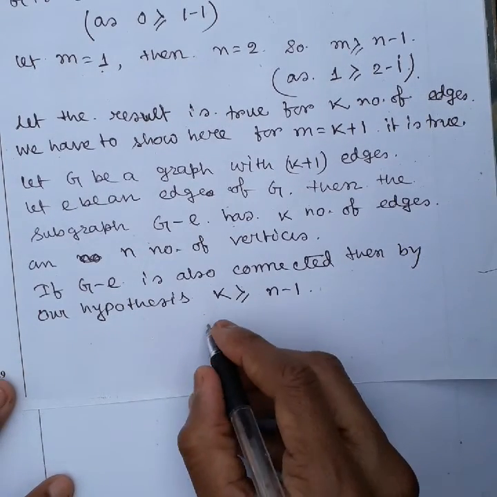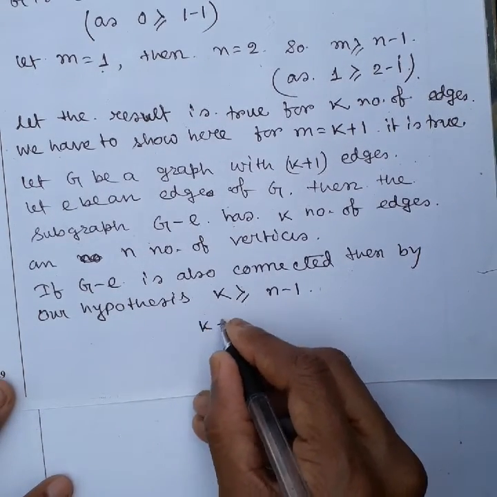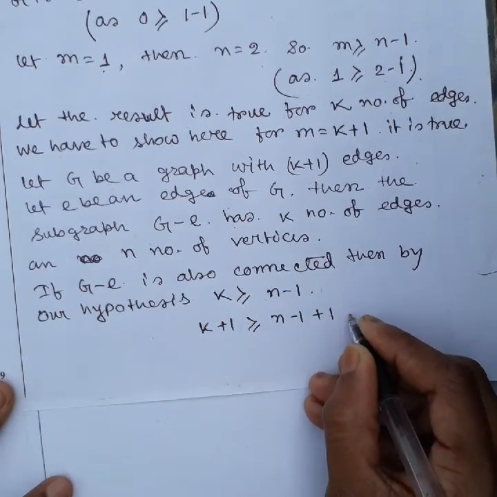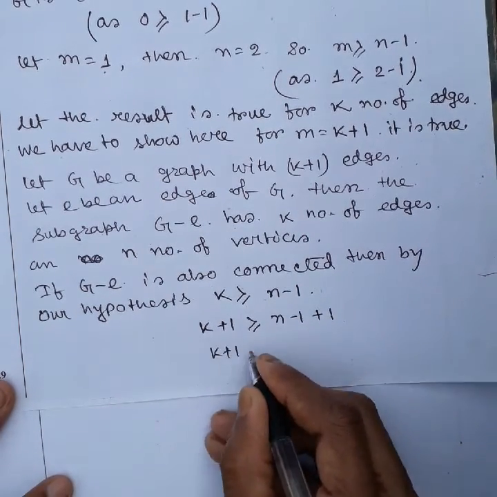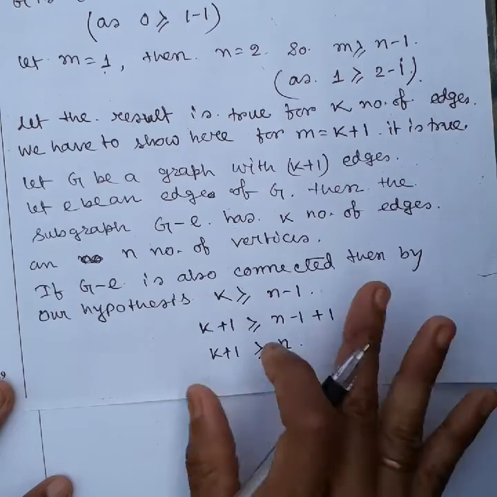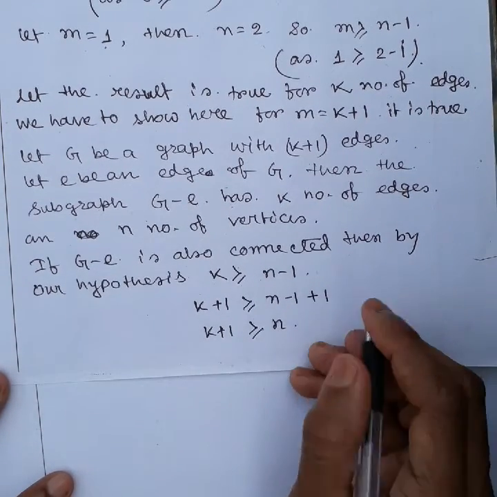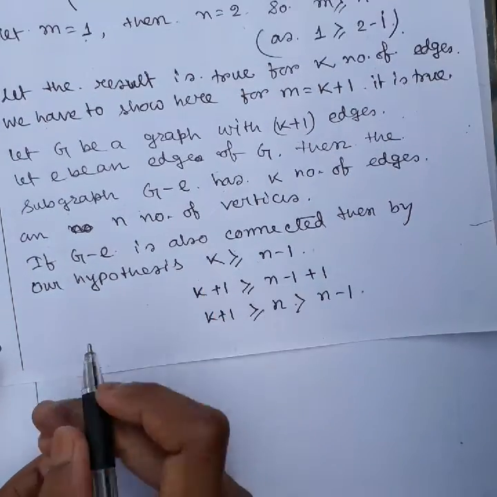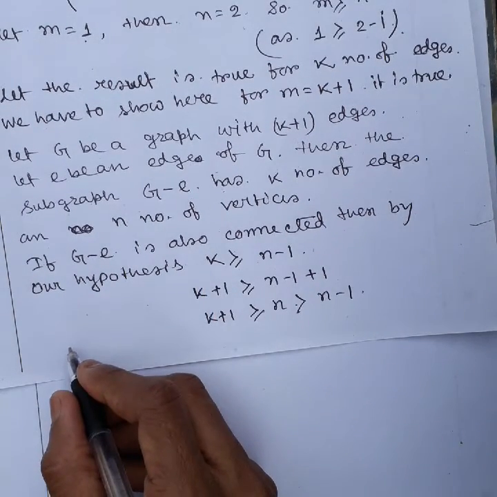Okay, so here k plus 1 is greater than or equal to n minus 1 plus 1. That means k plus 1 is greater than or equal to n, which is greater than n minus 1.